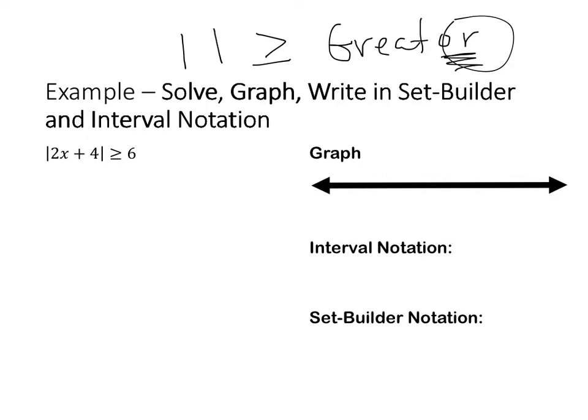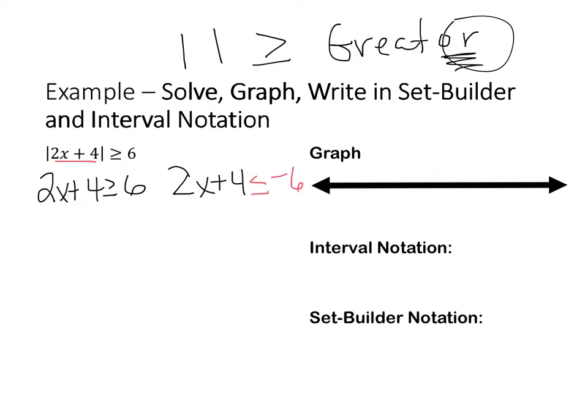So we have 2x plus 4 inside the absolute value bars. We're going to take what's inside the bars and write it 2 times. First time, everything outside the bars stays the same. Second time, everything outside the bars flips. The inequality changes direction, and the number changes sign.